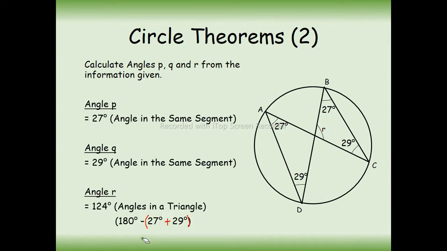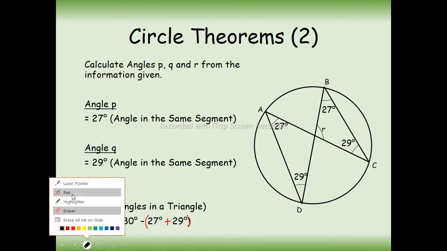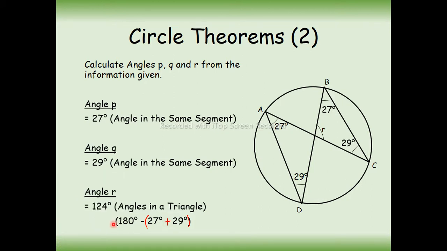You want to write how you do it? Yes, I mean if you already got it, that's fine. If you got it correct, that's okay. The only thing that you need to draw after that would be the diagram. Don't write this bracket. Just write 180 minus 27 plus 29. But put the ones in red though.